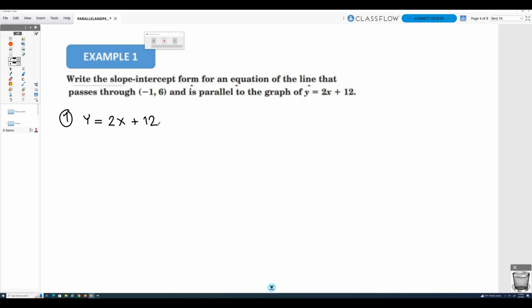This one is the given line. The slope is m equals 2. The second line, since parallel, has the same slope as line 1, but passes through -1, 6.